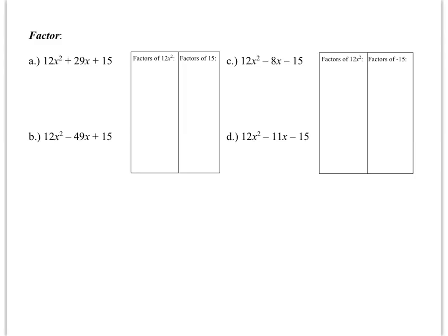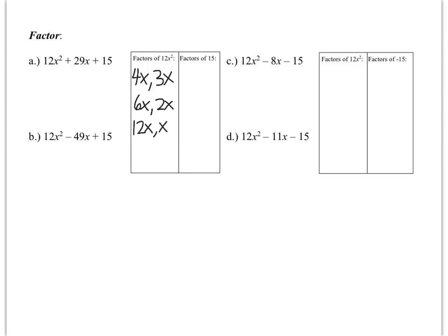So let's start by just taking a look at these two. Since they both start with 12x squared and end in 15, let's think of some factors of 12x squared. So factors of 12x squared could be 4x and 3x. We could do 6x and 2x, or we could do 12x and x.